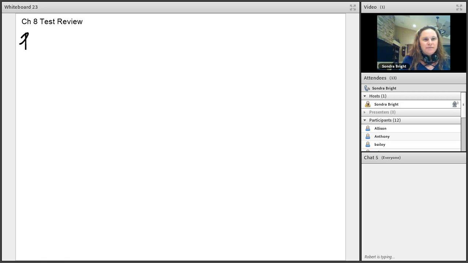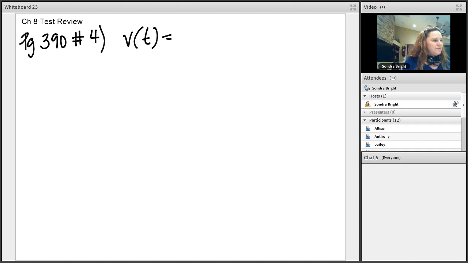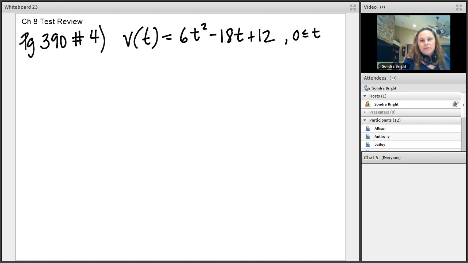Let's start with page 390, number 4, and it says that the velocity is given by the function 6t squared minus 18t plus 12, and it's going from 0 to 2.